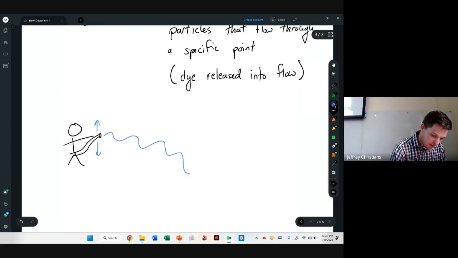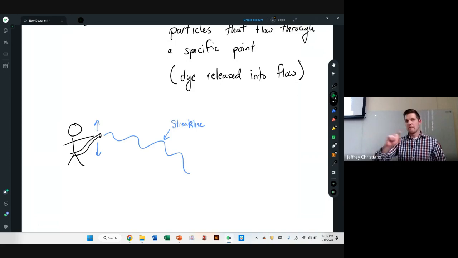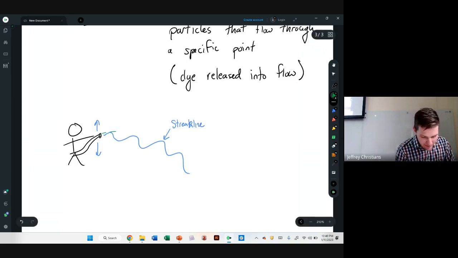So this would be the streak line. If we wanted to look at the path line, the path of an individual particle, it would still look like this.